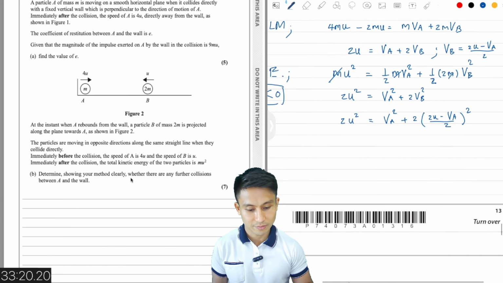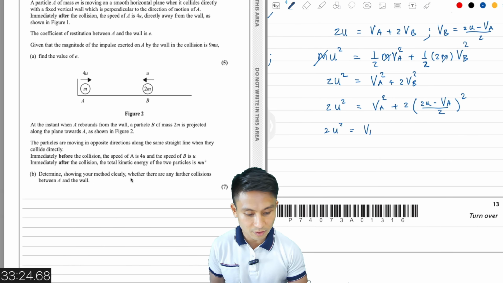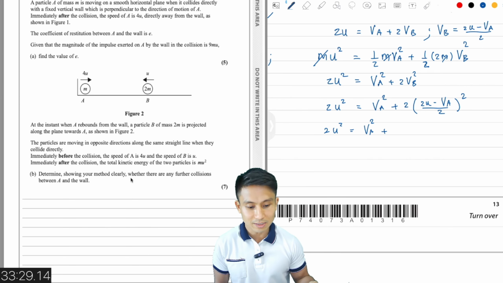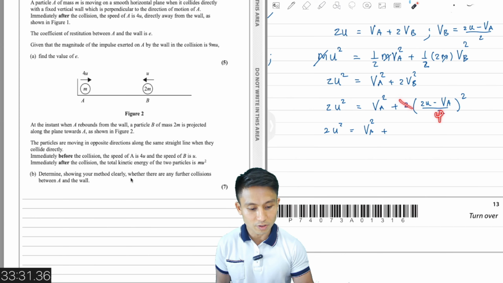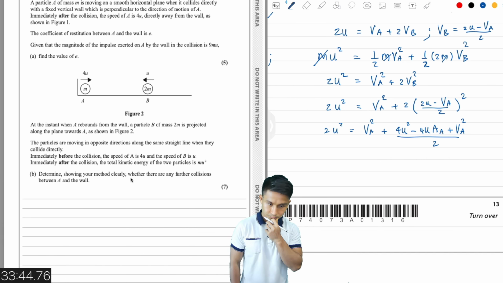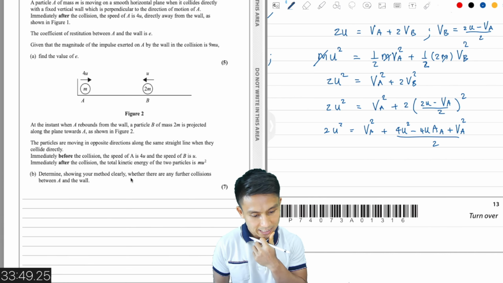Solving that, 2u squared equals VA squared plus, because you square the denominator as well, the 2 will cancel with the 4 down here after the squaring. If you expand the top bit, you have 4u squared minus 4u VA plus VA squared, all divided by 2, because you still have a 4 down there cancelling with 2.